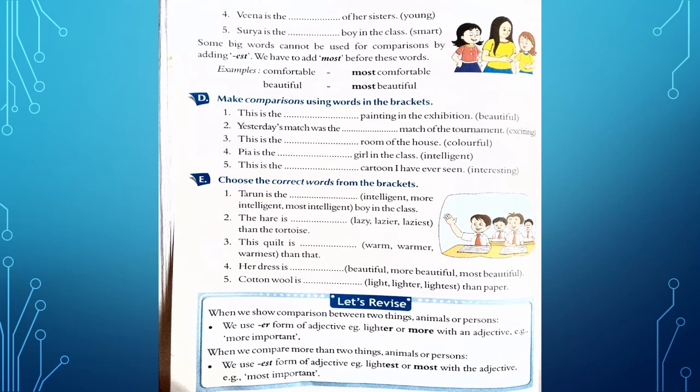Children, it's time to revise. When we show comparison between two things, animals or persons, we use the er form of the adjectives like lighter, or more intelligent, more beautiful with an adjective. When we compare more than two things, animals or persons, we use the est form of the adjectives.